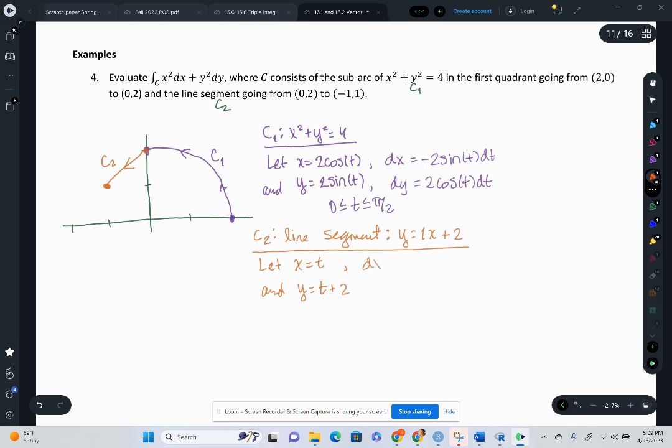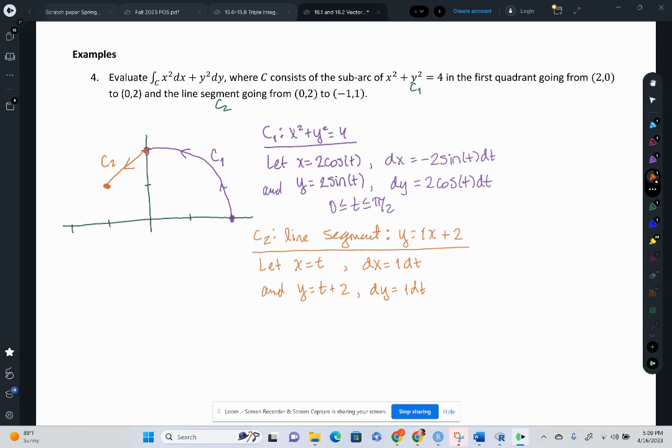I'm going to calculate my dx. dx is 1 dt. I'm going to calculate my dy. dy is also 1 dt. Okay? Now, look at our arrow. Go back to the drawing of C2. The arrow starts at 0 and goes to negative 1.